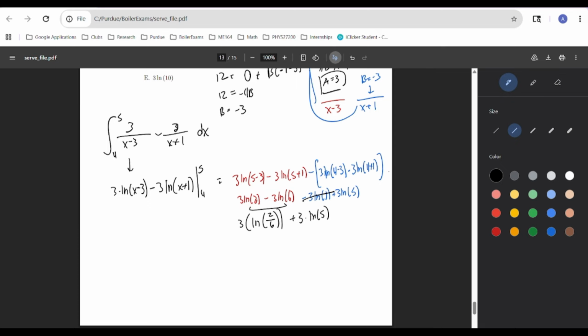When you have the addition of two natural logs, that becomes 3 times ln of 2 times 5 over 6, and that would be our solution here. So that would be 3 times ln of 10 over 6, which is equal to 3 ln of 5/3.